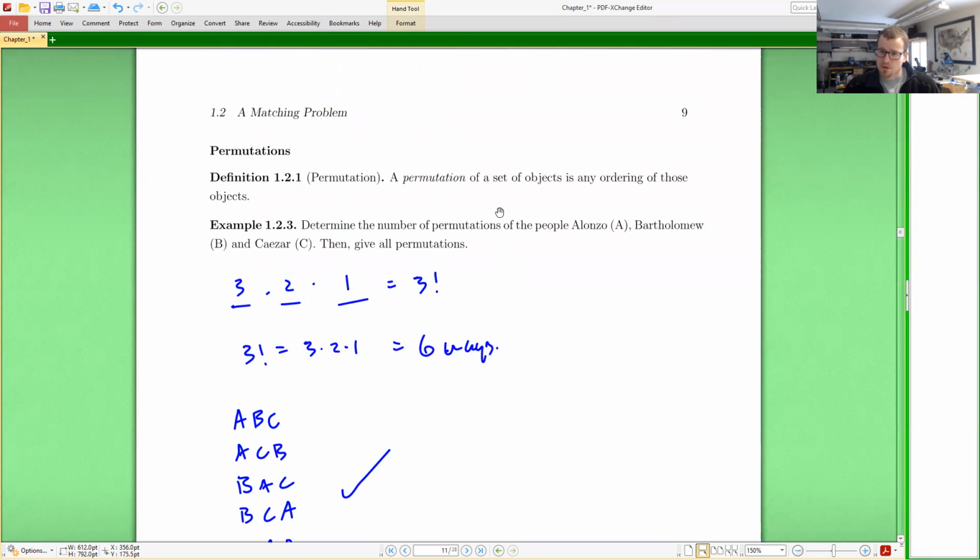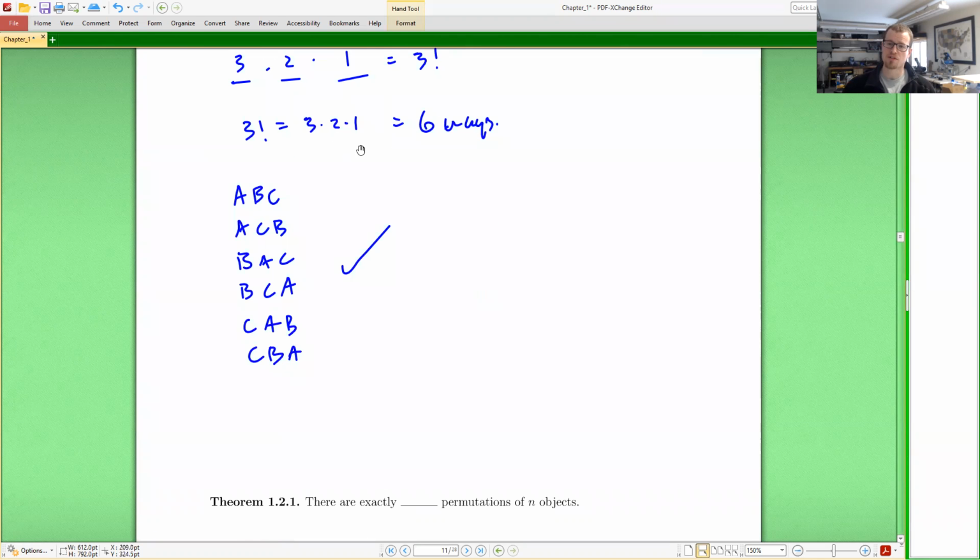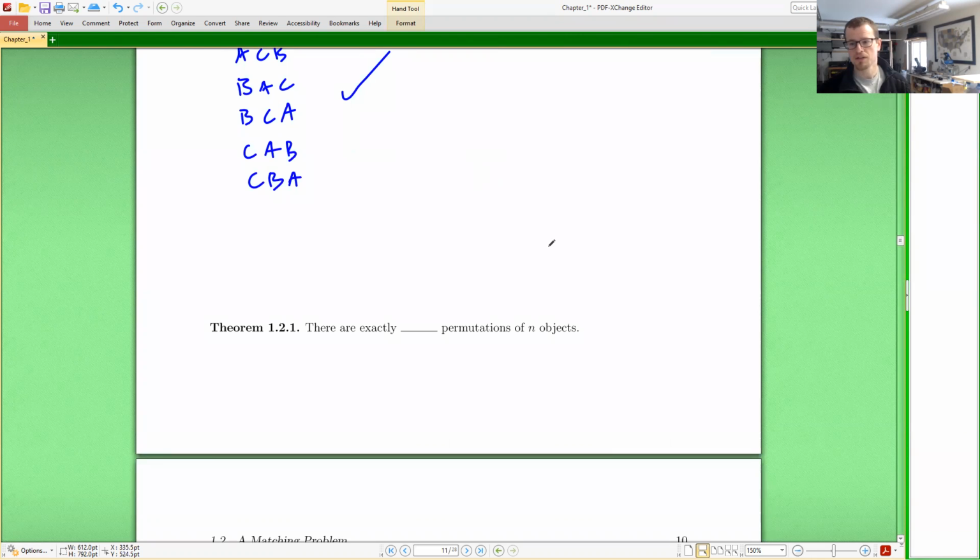In general, if you had noticed it already and did the multiplication principle for counting, that is absolutely perfect. But now we want to recognize that in general, there are exactly n factorial ways in which we can order n objects. That is, there are n factorial permutations of n objects.